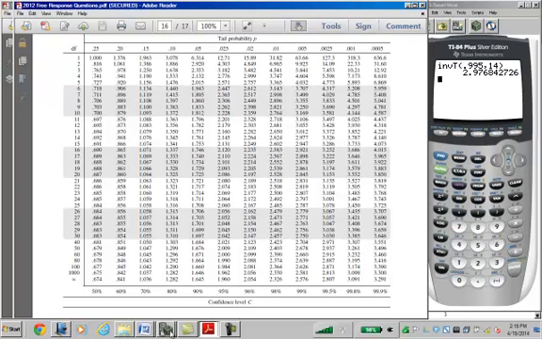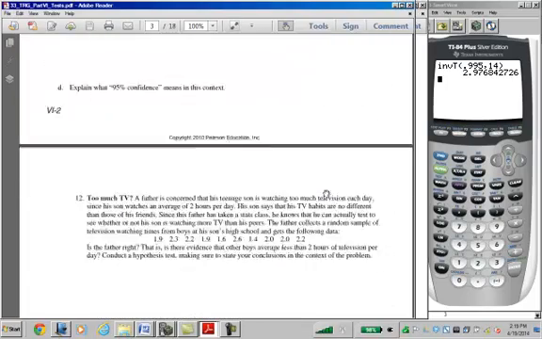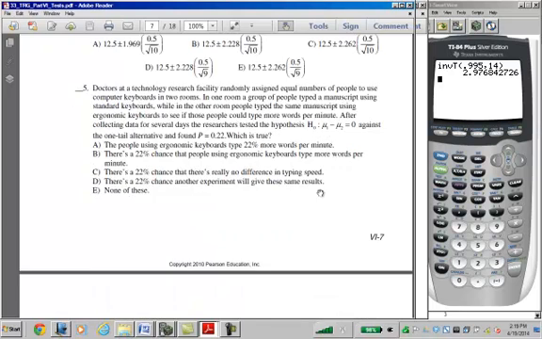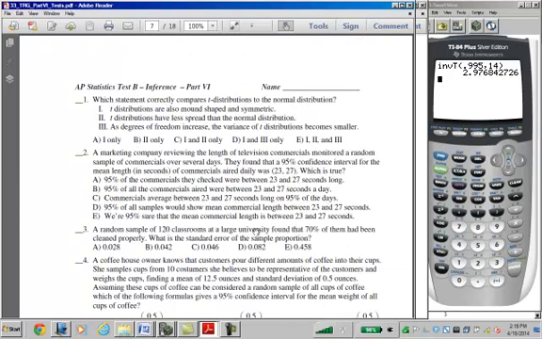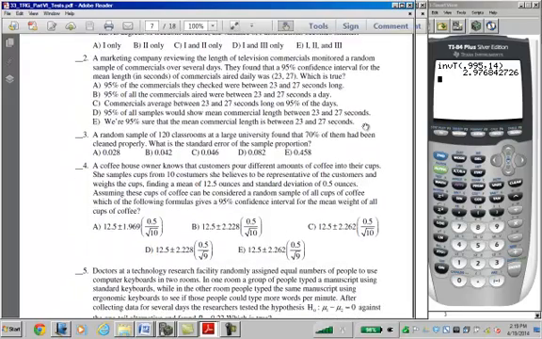Okay, now let's look at the other questions that are similar to this. Let's go to part B. Okay, here's the same thing. All right. Now we're going to eliminate D and E because they use the degrees of freedom in the denominator instead of the sample size.